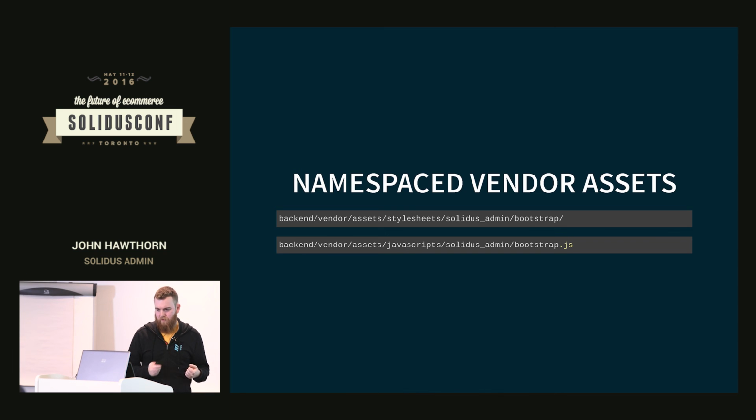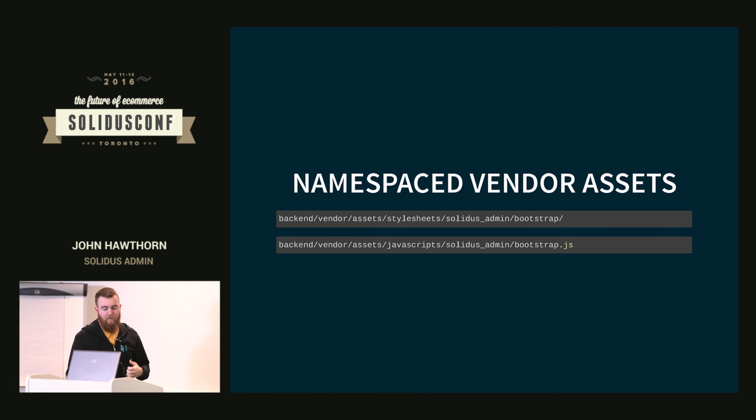And the solution's very simple. Instead of including a gem that contains Bootstrap, we've just placed it under a Solidus admin subdirectory. And we're doing this now for every admin asset, which is great because this has actually caused us problems before where there's been incompatibilities between the version we want for, say, our grid system between the front end and the back end.